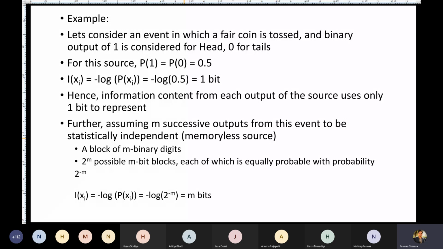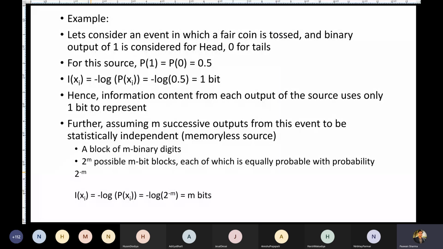Assuming that situation, with m successive outputs, what will it generate? A block of m binary digits, every digit representing every event. So there are 2 to the power m possible m-bit blocks, each of which is equally probable with probability 2 to the power minus m.